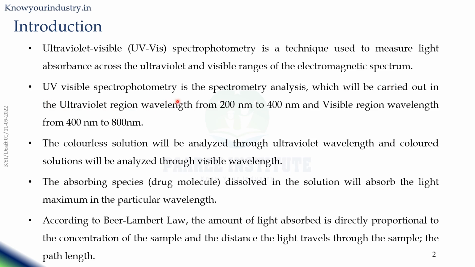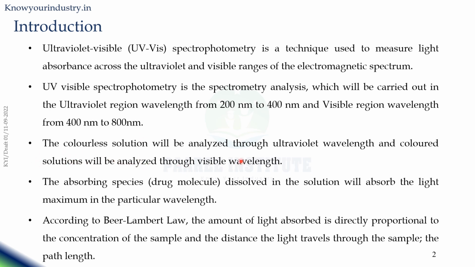UV visible spectrophotometry is the analysis which will be carried out in the ultraviolet wavelength from 200 nanometer to 400 nanometer and the visible region wavelength from 400 nanometer to 800 nanometer. So the UV wavelength range is 200 to 400 nanometer and the visible, that is the color region wavelength, is from 400 nanometer to 800 nanometer.